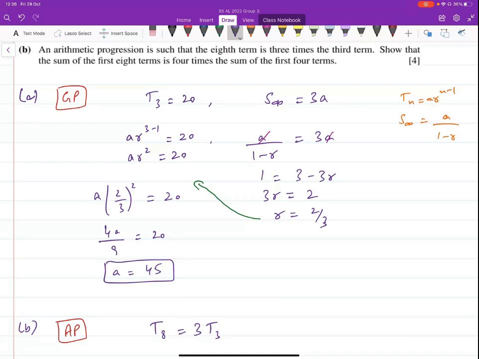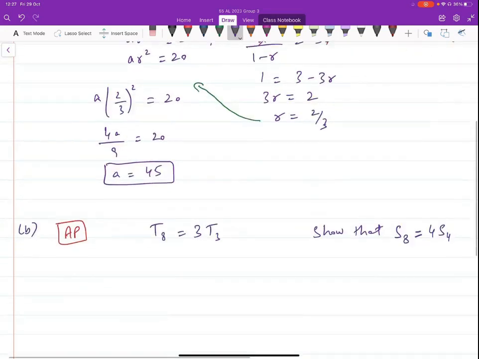Show that the sum of the first 8 terms. So आपको show क्या करना है? Show that sum of the first 8 terms, that's S8, is equal to 4 times the sum of the first 4 terms. So that's 4 into S4.